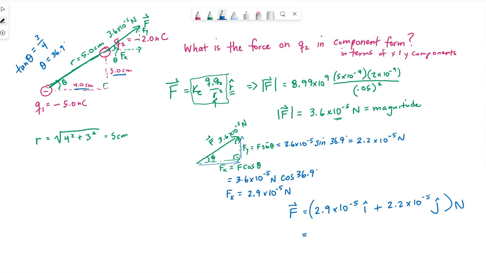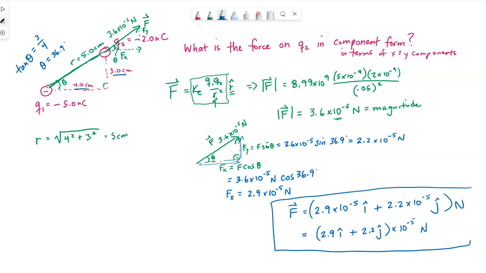If we really wanted to, we could factor out the 10 to the negative fifth as well. There's no need to do that, but let me write that better. 10 to the negative fifth newtons. So here is the force that Q2 is experiencing because of Q1 and how they are located relative to each other.